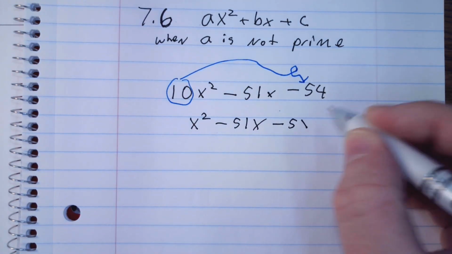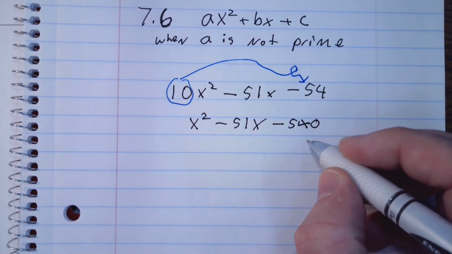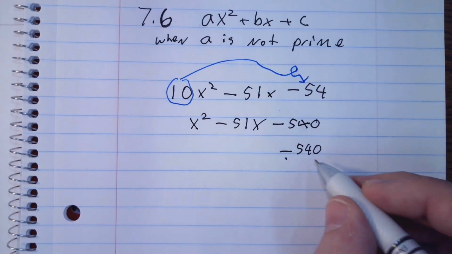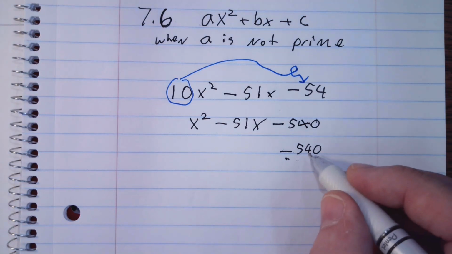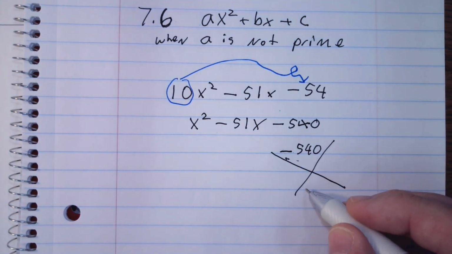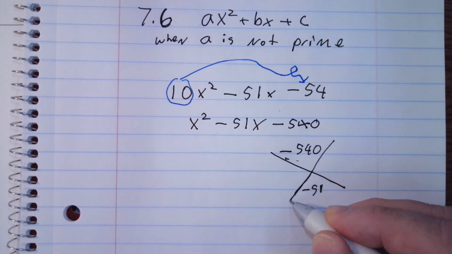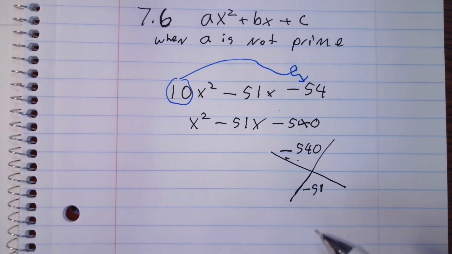See if you can do the X game here. And yeah, negative 540 is quite big. All right. So we're going to have to find some numbers. And again, I do the same thing.